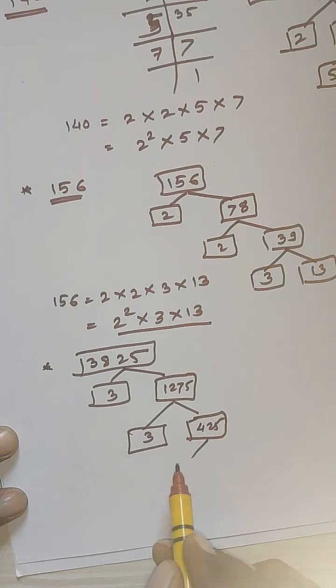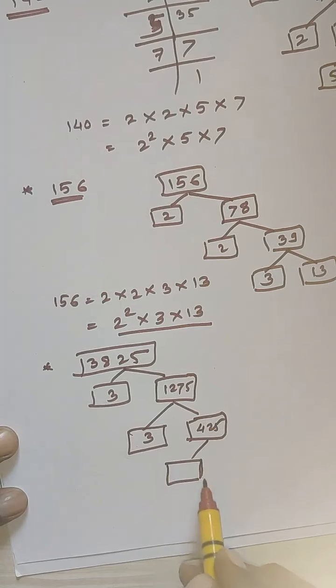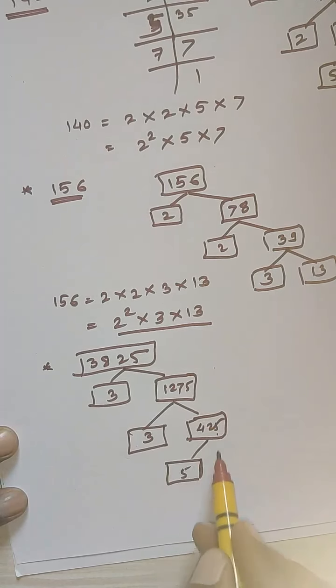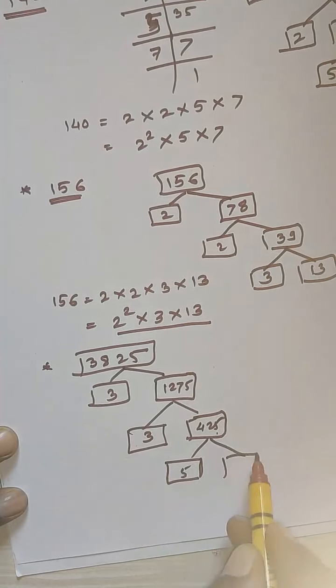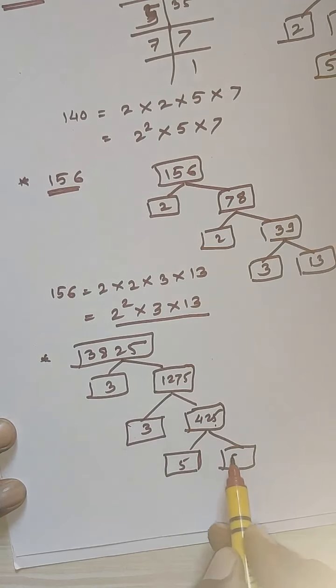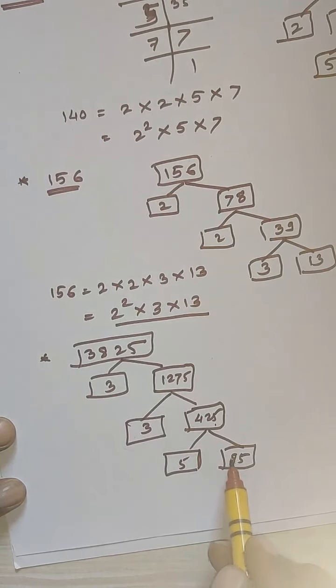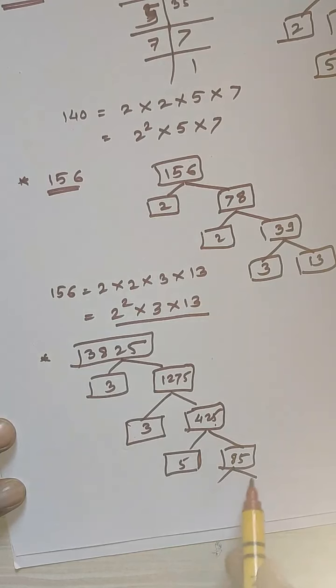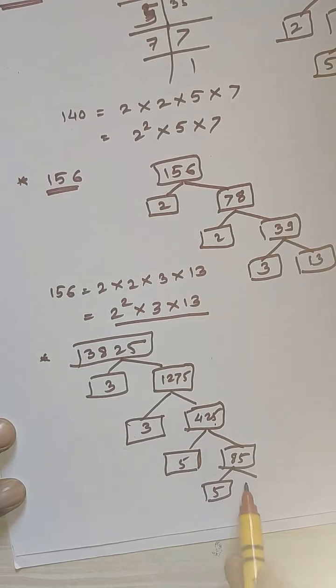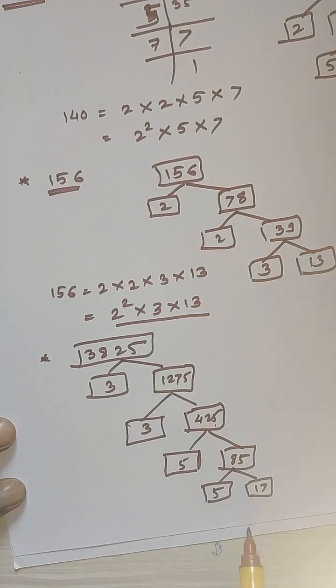Again, as the last digit is 5, it will go by 5. It is here 85. By 5 again it will go, 17 fives are 85.